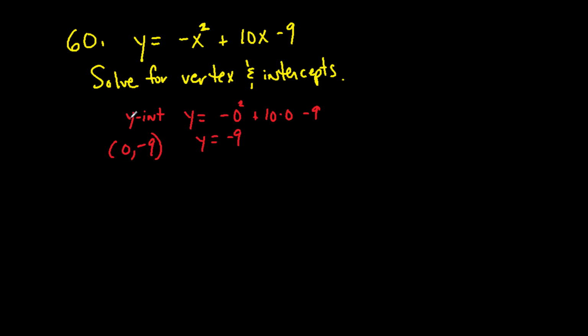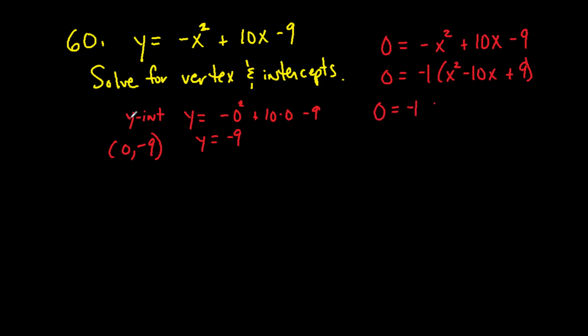To find the x-intercepts, we can set y equal to 0, and this problem looks like it might be factorable. So I'm going to factor out negative 1 in order to make my x squared term positive inside the parentheses. And then I notice that it is actually factorable: x minus 9 times x minus 1.